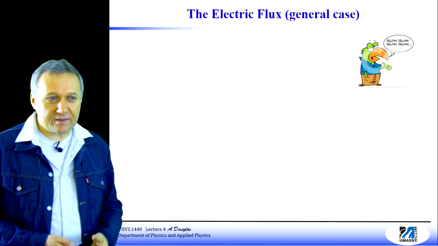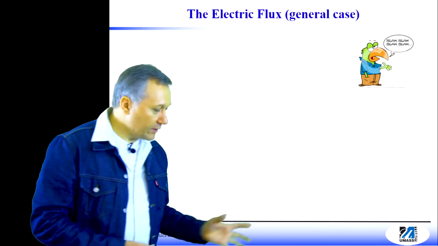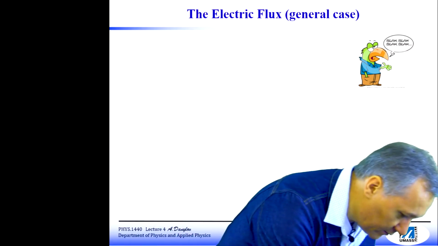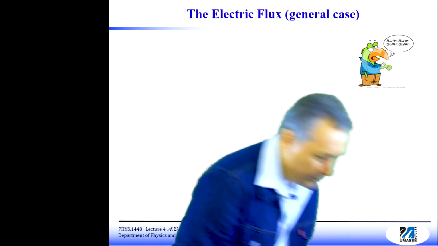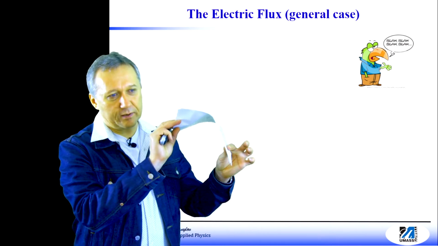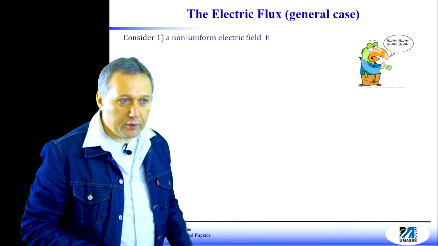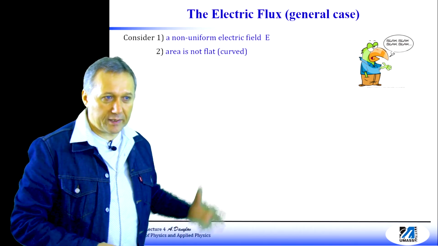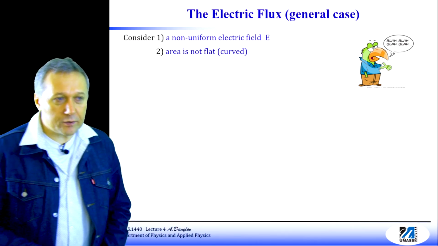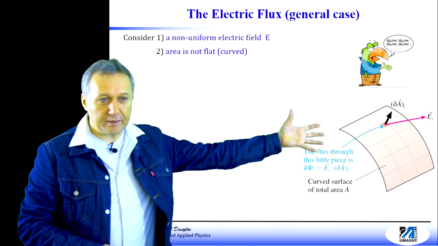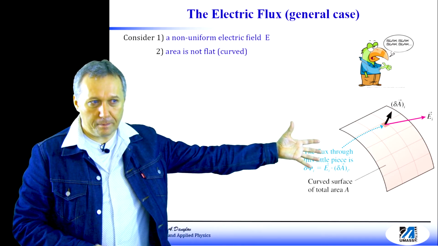The next step: what if you have a surface which is not flat? Let's say you have something like this, a non-uniform electric field and a curved area. I took this picture from the book.